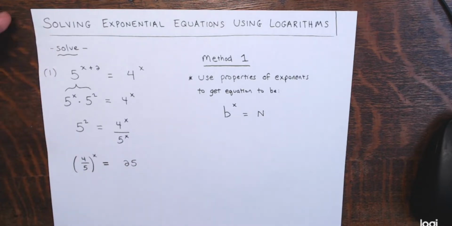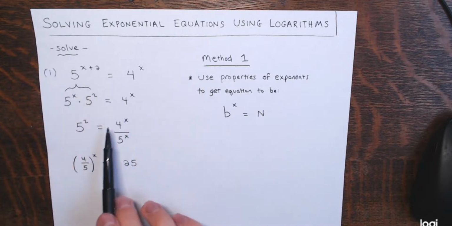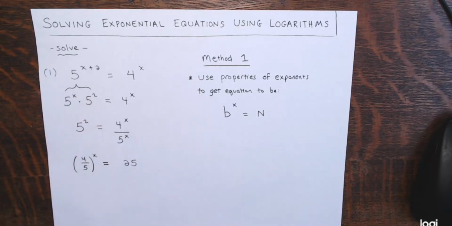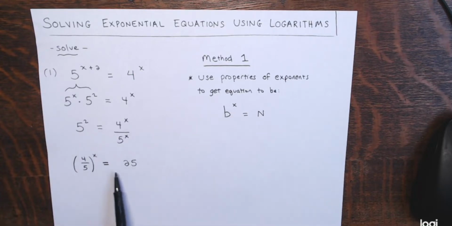So I have exactly what I want right now, after using some properties of exponents and getting all the stuff with the x power on one side. I've got a number to the x power equal to a number. 4/5 to the x equals 25.